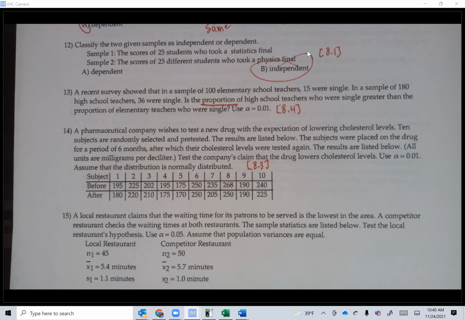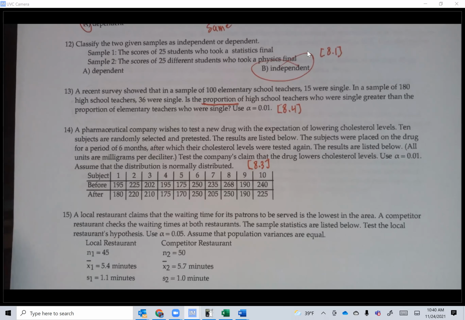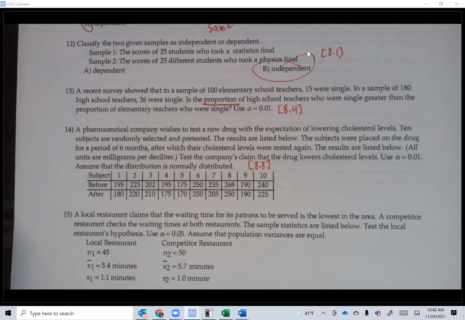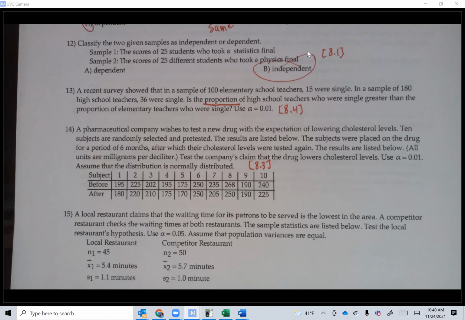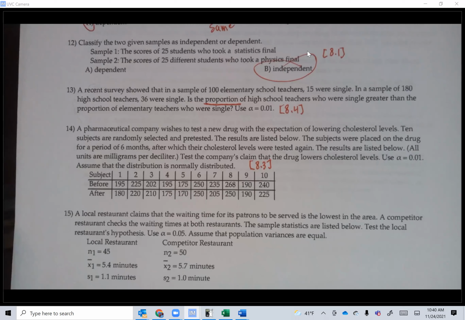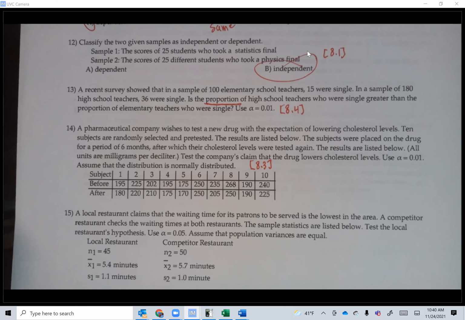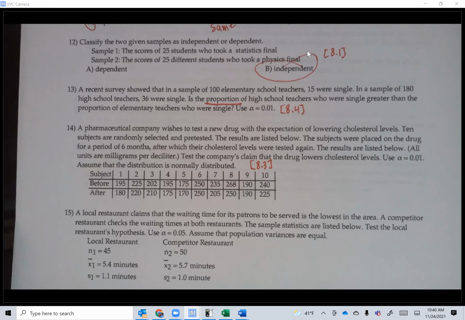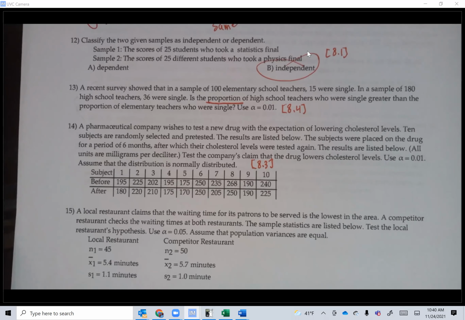The results are listed below. The subjects were placed on the drug for a period of 6 months, after which their cholesterol levels were tested again. The results are listed below. All units are milligrams per deciliter. Test the company's claim that the drug lowers cholesterol levels. Use alpha equals 0.01. Assume that the population is normally distributed.